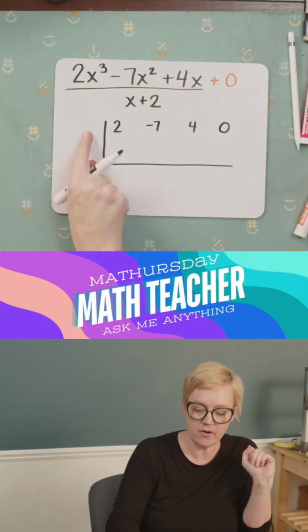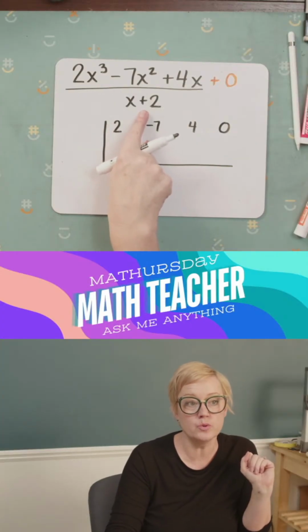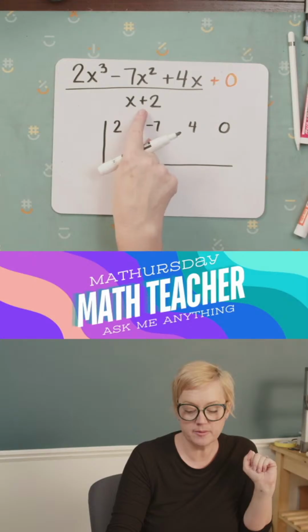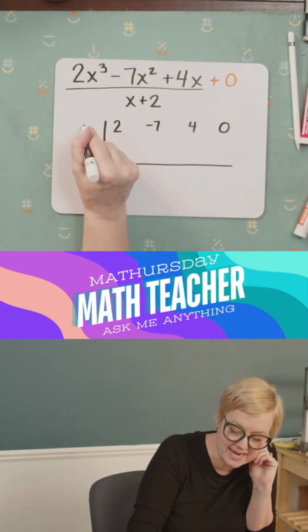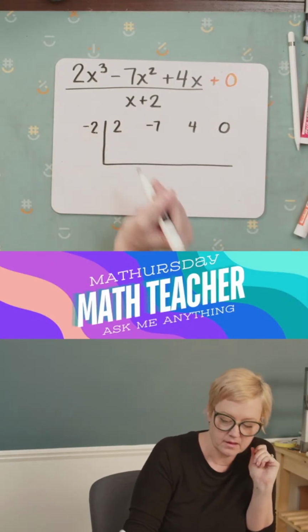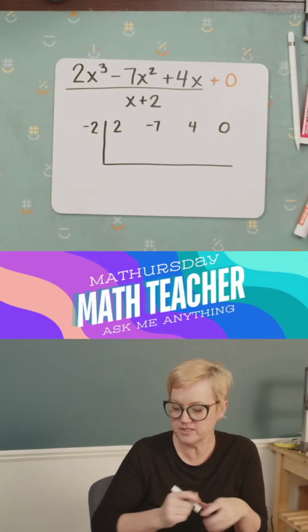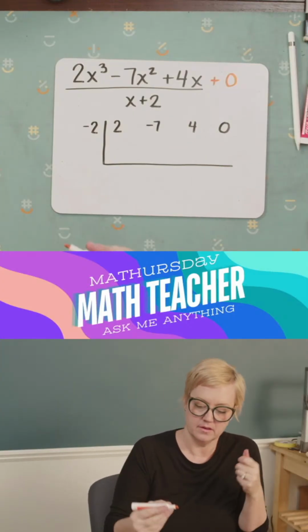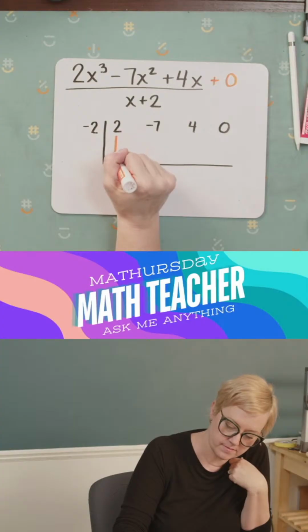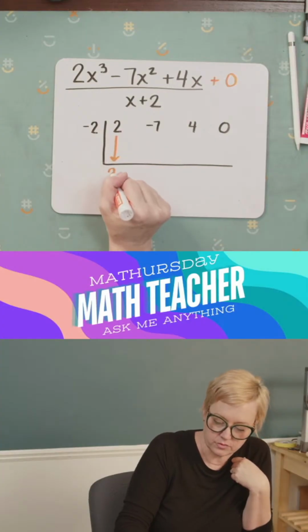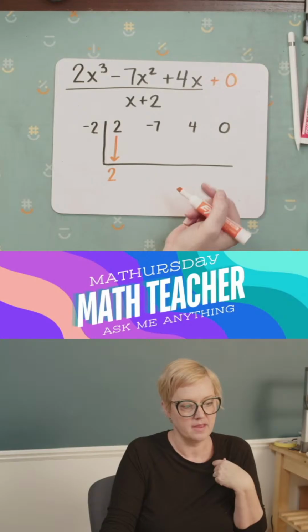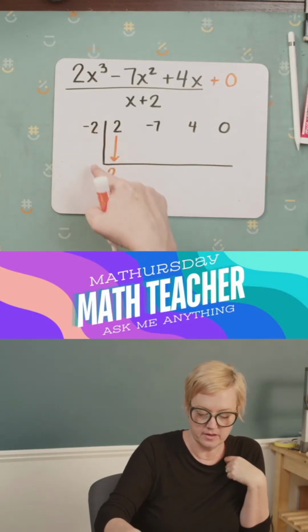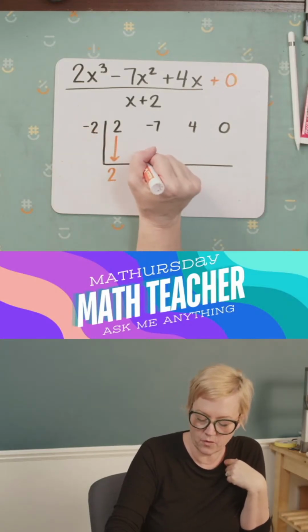All right. Now out here, I'm going to do the root of this. So x plus 2, what I'm going to put out here is a -2. Okay. So the first thing I do is I bring this one down, and that's a 2. I do -2 times 2, which is -4.